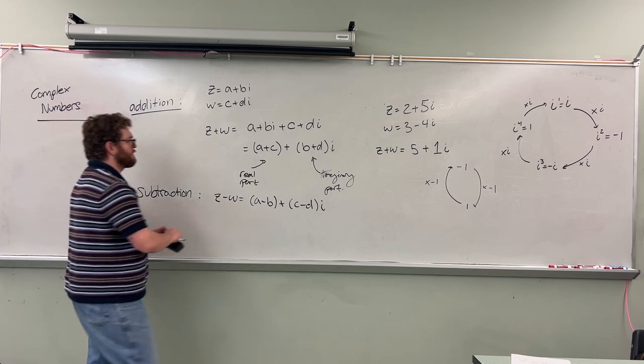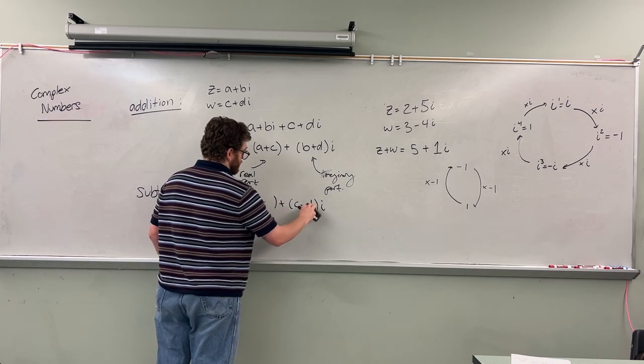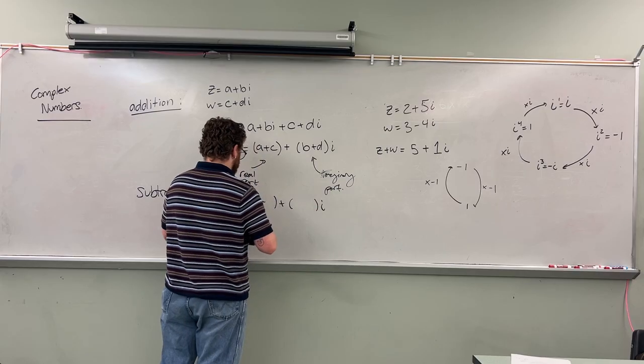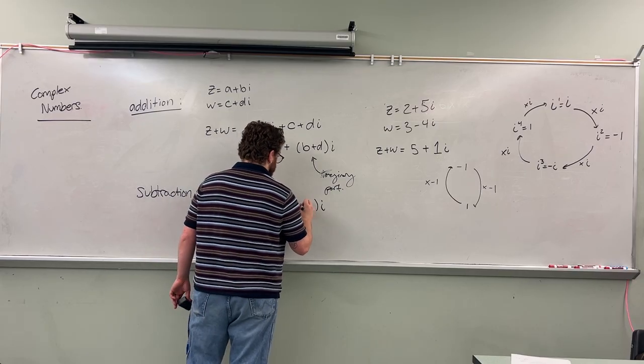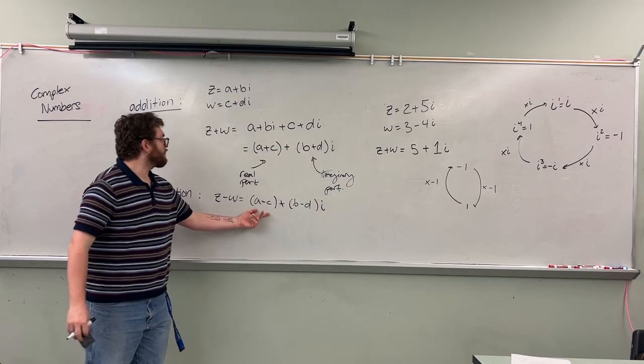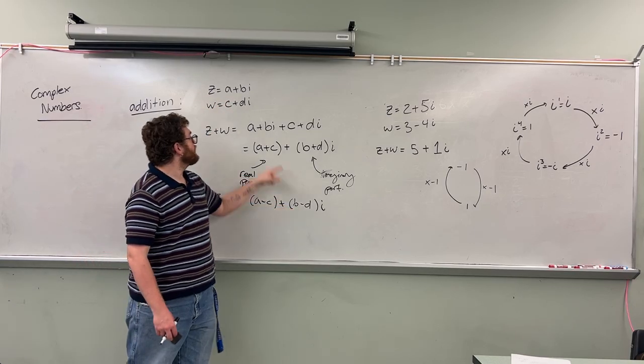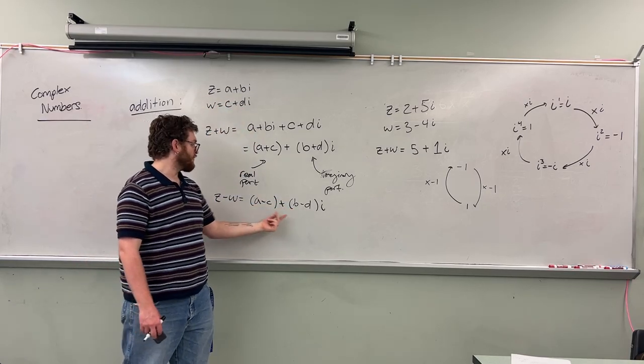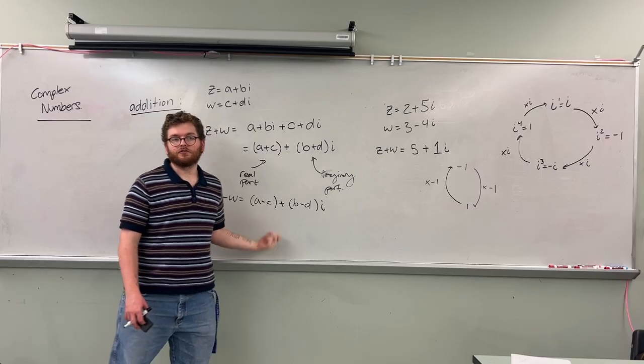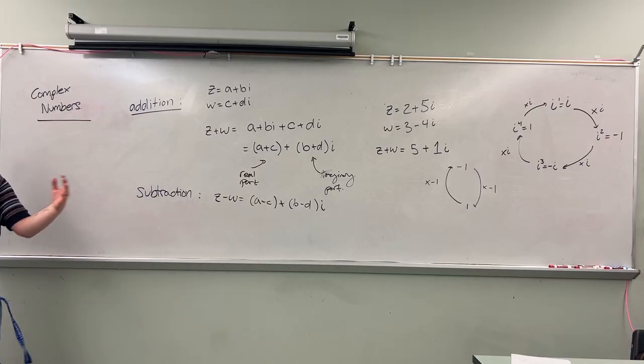Oh, not a minus b. A minus c, b minus d. My apologies. A and c are the real parts, and then b and d are the imaginary parts. So we just subtract them with each other specifically. We always keep all the real parts together, and then always keep all the imaginary parts together.